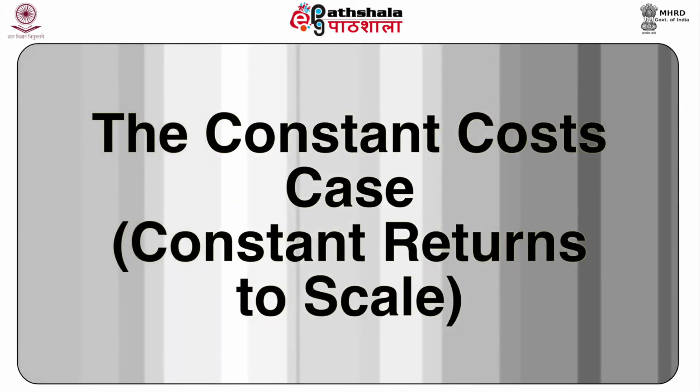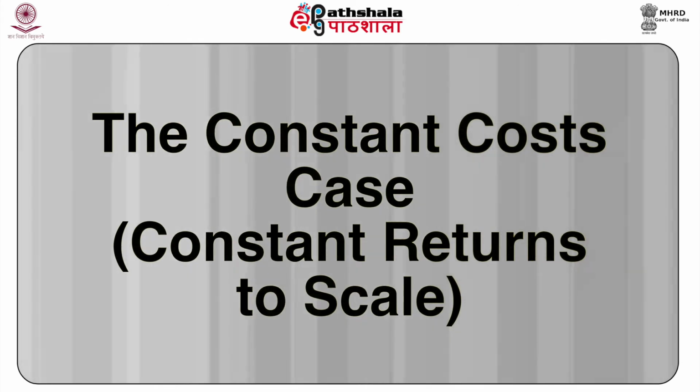Next is the constant cost case, constant returns to scale. Sometimes it is convenient and realistic to assume constant returns to scale over the entire range of output. In this case, LAC is a horizontal straight line and is equal to LMC at all output levels.